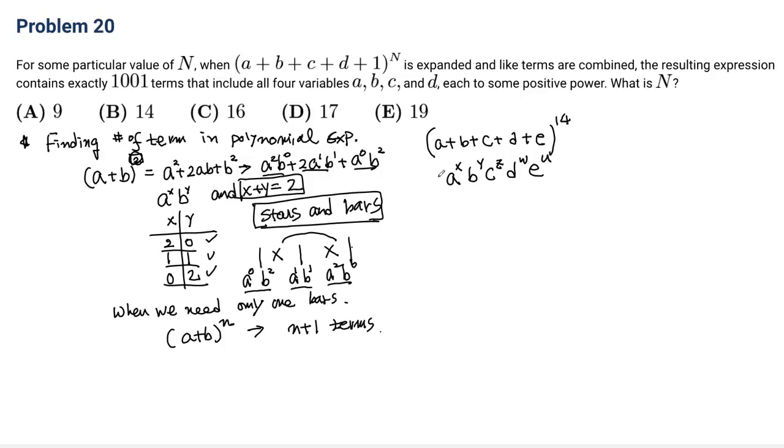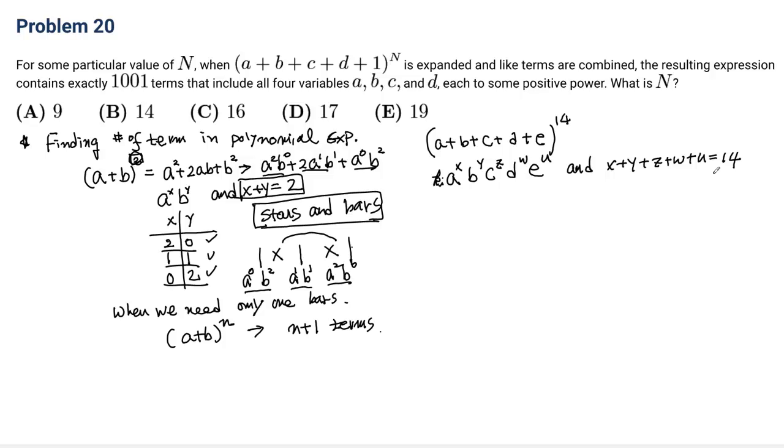There's some coefficient over here, but it doesn't matter. And there's a constraint: the sum of all these exponents should equal 14. So x plus y plus z plus w plus u should equal 14. That's the rule.